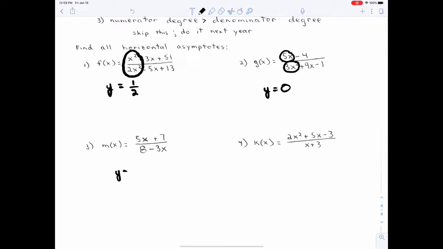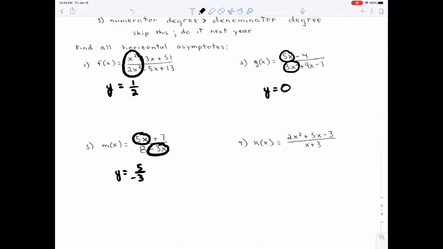So we have the degree of the leading term on top and the degree of the leading term on bottom. The leading term being the largest exponent term. So 8 is not the leading term in the denominator, negative 3x is. So this is y equals 5 over negative 3, or you could say negative 5/3. So it's a horizontal line at negative 5/3.